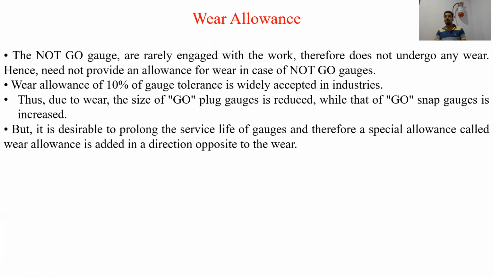And how will we provide that wear allowance? बेटा जब आपका स्नैप गेज एंटर होगा, शाफ्ट एंटर जब होगी स्नैप गेज में, तो आपका स्नैप गेज का या रिंग गेज का क्या है, साइज इंक्रीज हो जाएगा. So in that case we will give wear allowance in the negative direction, and in a hole the size of the hole gets increased due to the in and out of the go part.